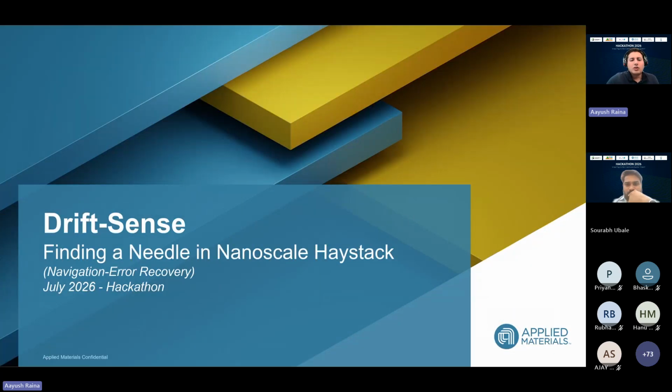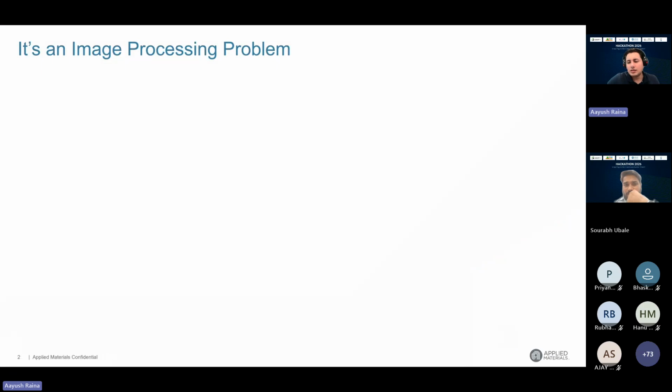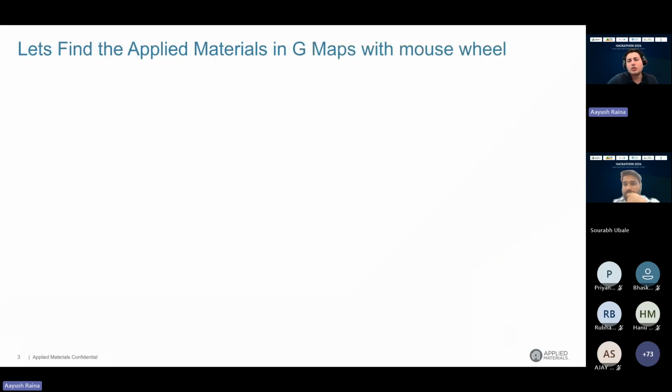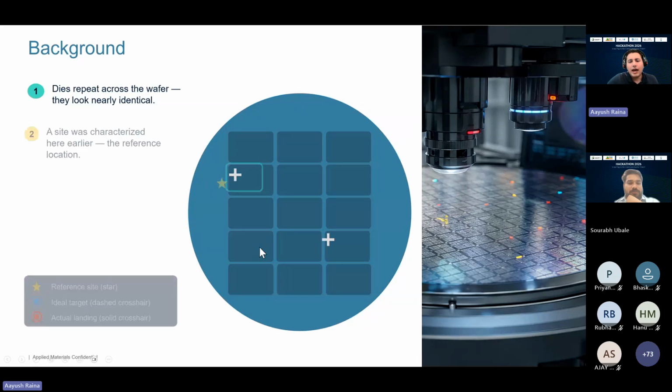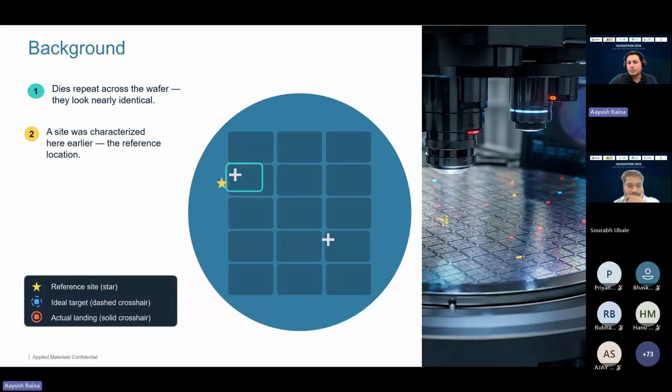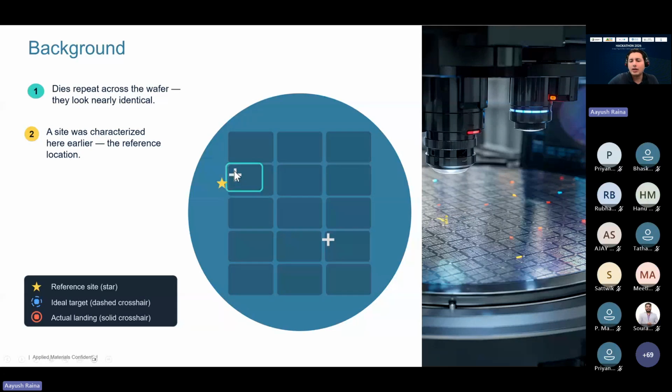Okay, so what we are trying to say is that it's a pure image processing problem. Today we will talk in depth also. Let's say the problem here is, on a wafer, you see the image on the right, an illustrative example. You will have a pattern of dies, and in this there is a reference, and over there in the reference you grab one image.